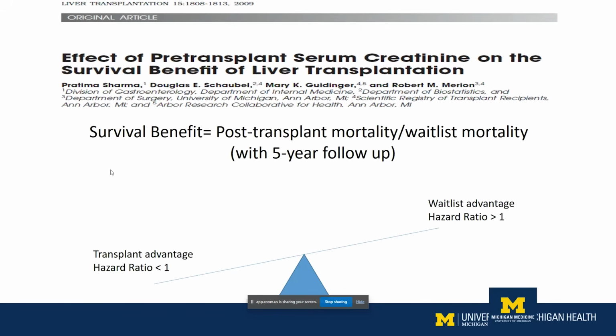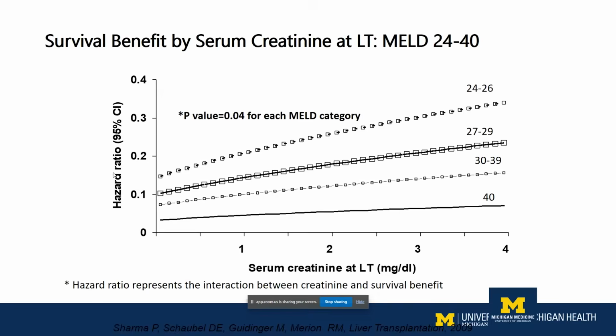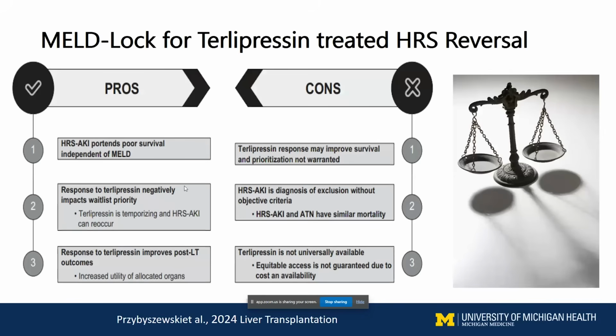If the hazard ratio is less than 1, then they had an advantage from transplant, or survival benefit. And what we found was that for MELD scores between 24 and 40, no matter how high their creatinine, they will get survival benefit from liver transplant. So these patients should be listed and transplanted.